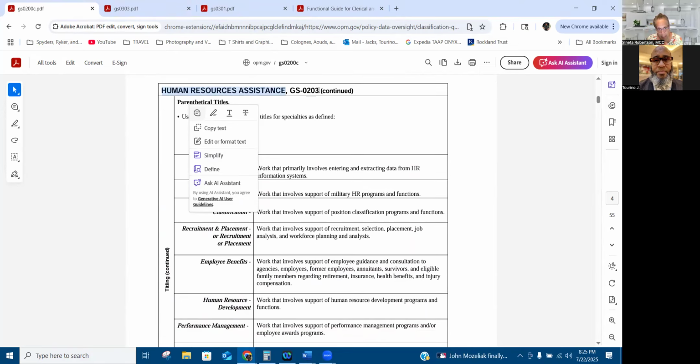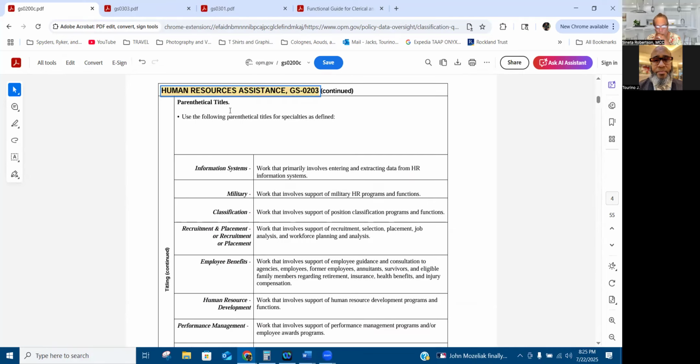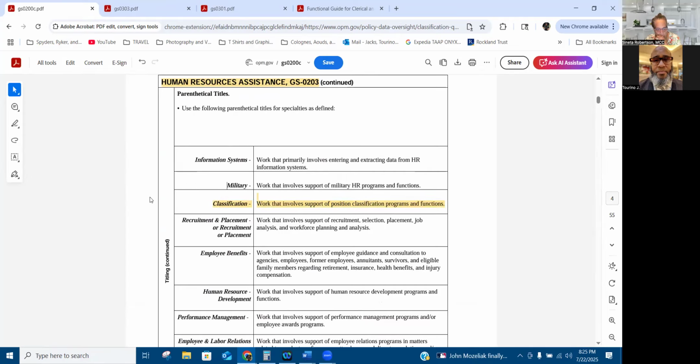And then whatever the parenthetical is in parentheses beside that, if it's military, or if it's classification, or if it's employee benefits, right. And the classification part goes in parentheses after that title. Okay. You said classification. Oh yeah, I got you.